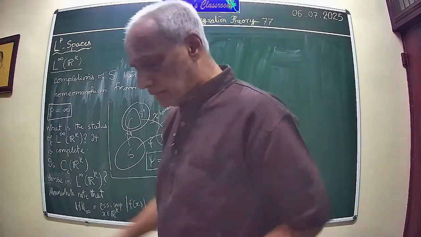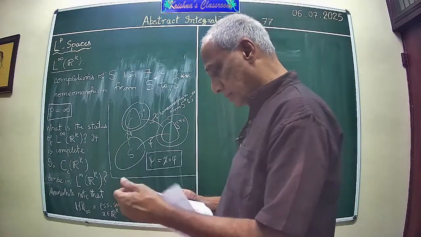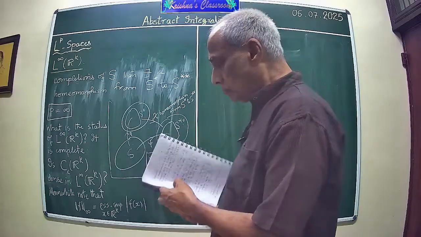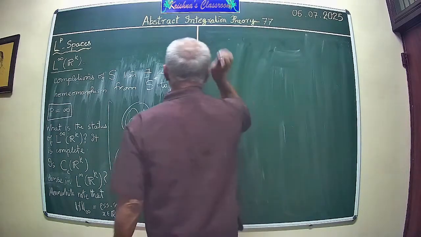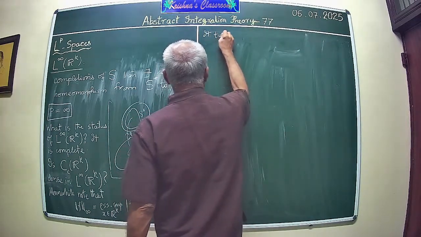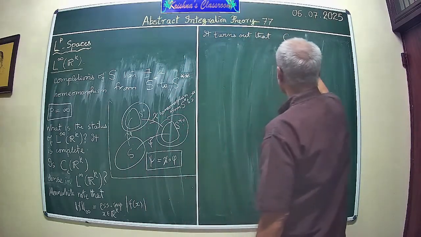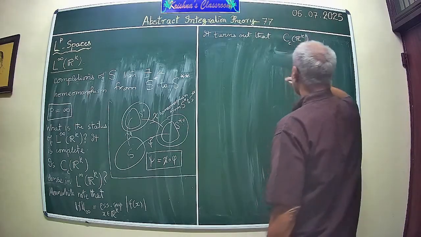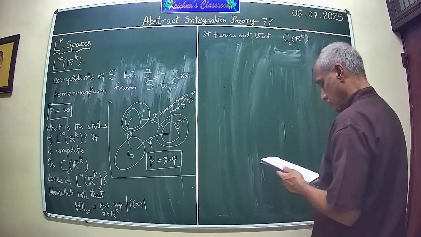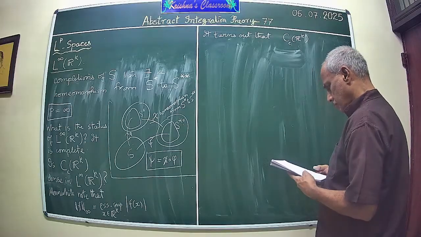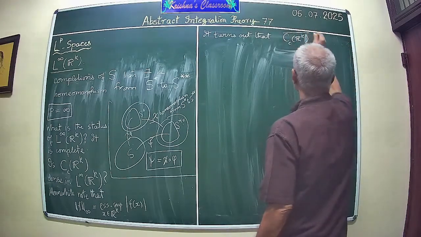See, one of the important results that you can prove here is that the closure of CCRK is equal to C naught RK.